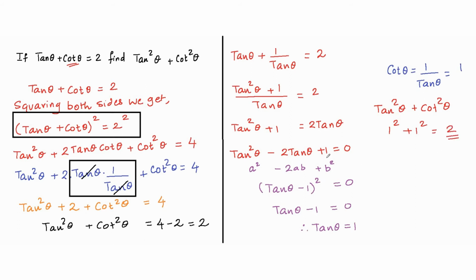So this is the other method of solving the same question. Again, pausing for a minute for you to take a look at this solution. The techniques used here were I converted everything into tan and I got a minus b the whole square. I found the value of tan theta, and once I knew tan theta, I was able to find cot theta as well. So pausing for a minute.